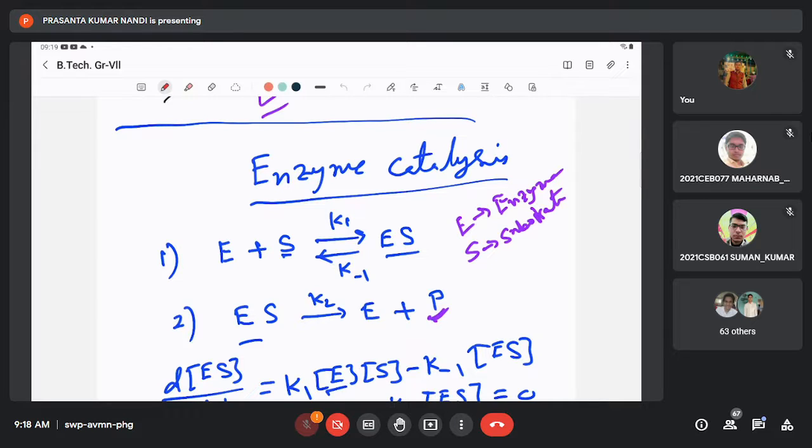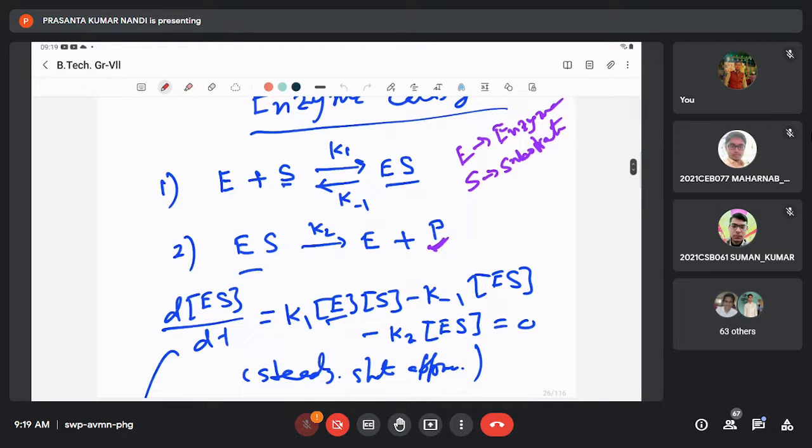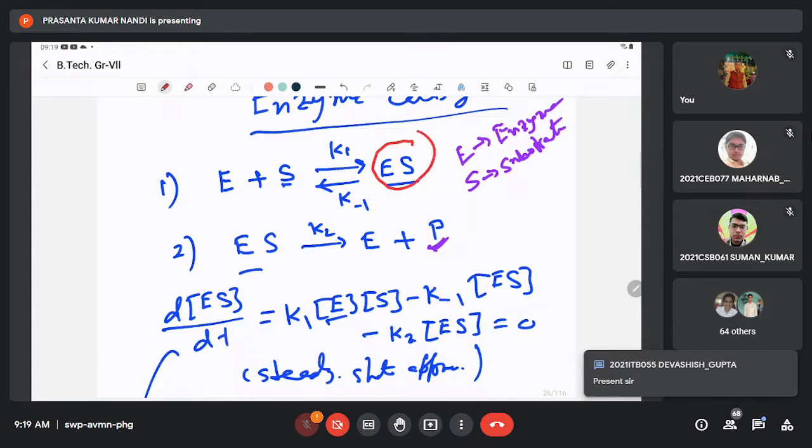Right. Sometimes the physical property of an enzyme may change, but its chemical identity will not be changed at the end of the reaction.